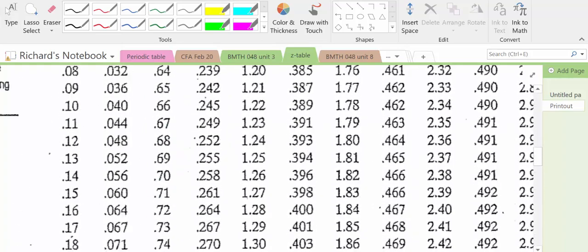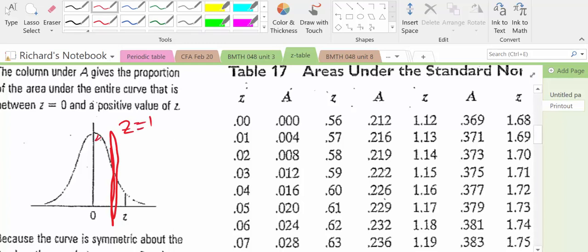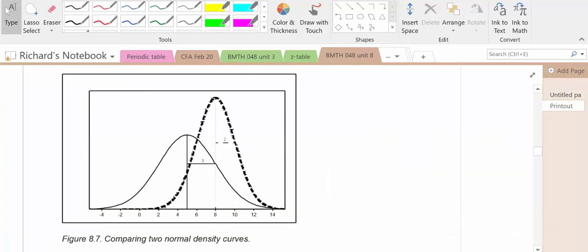So looking at the graphic on this table, what we're saying is if this is Z equals 1 here, there's 1 standard deviation above the mean. Z equals 1, 34% of the data is between the mean and Z equals 1. So what we want to be able to do is compare 2 normal density curves.